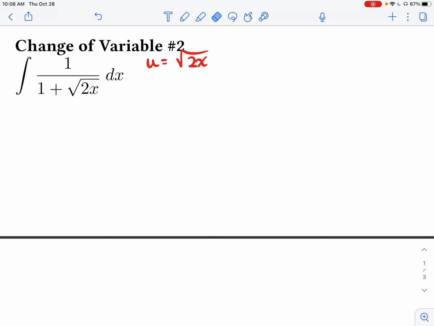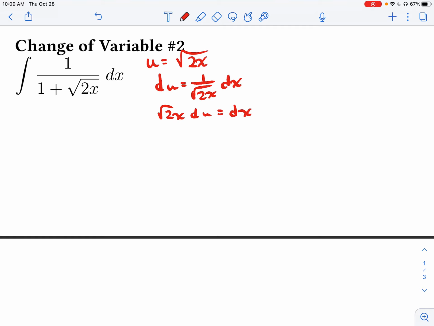Actually, before I do that, we could write du is equal to 1 over root 2x dx. So we could proceed as such, in which case we would say that root 2x du is equal to dx.